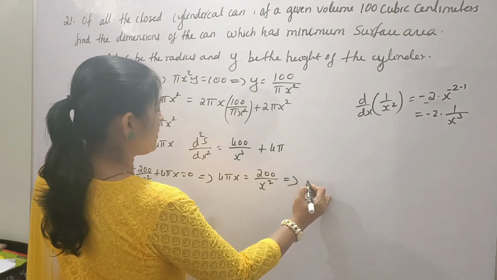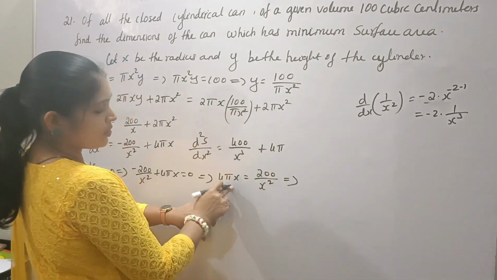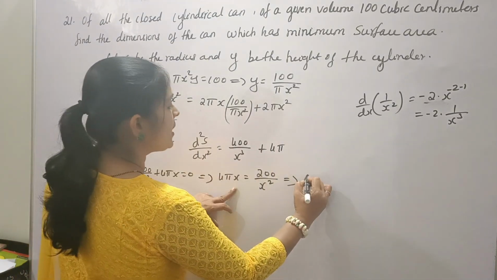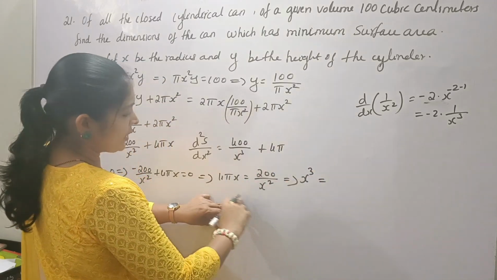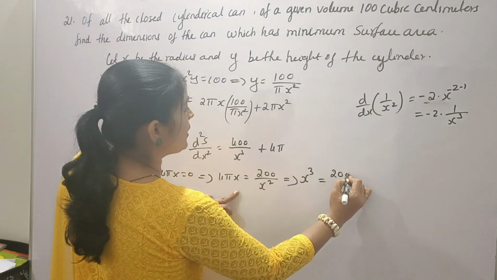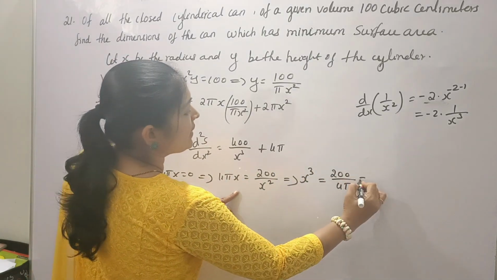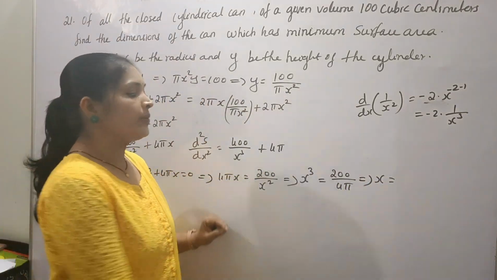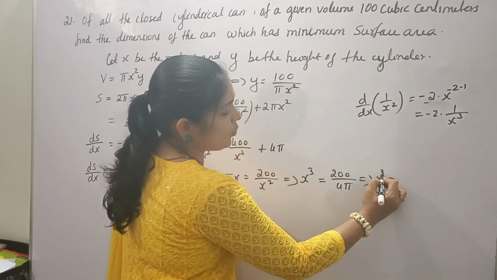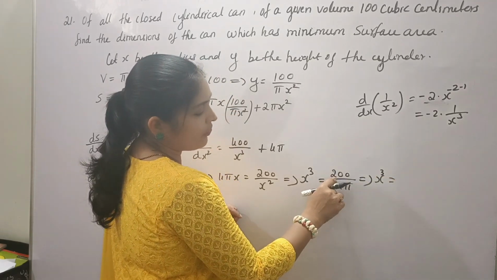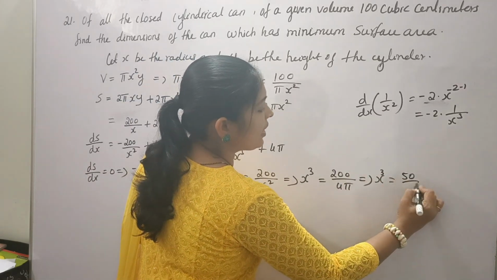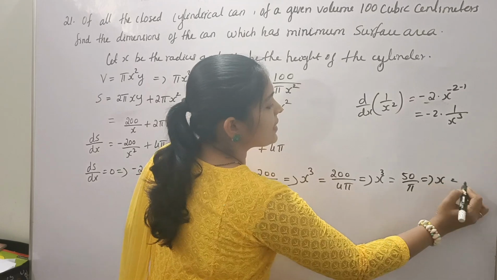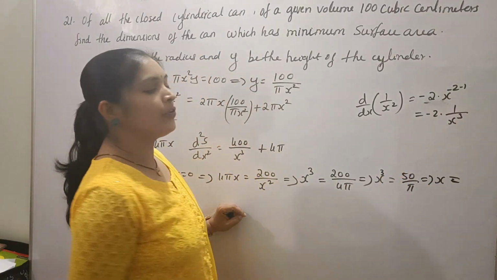That implies, taking x square to the left side, it will be x cube, that is equal to, taking 4 pi here, 200 divided by 4 pi. Cancel 4 into 50, right? So 50 divided by pi, that implies x cube is equal to 50 by pi.